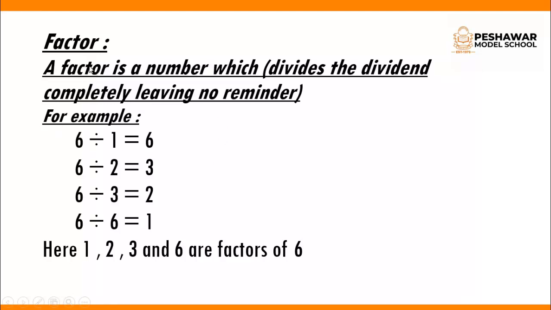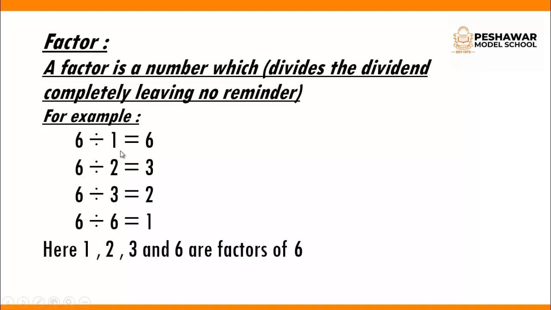What is a factor? A factor is a number which divides the dividend completely without leaving a remainder. For example, the factors of 6 are 1, 2, 3, 6. Why are these factors?